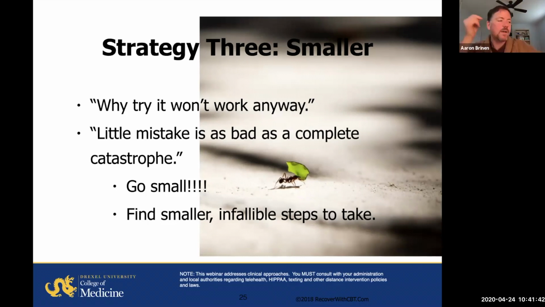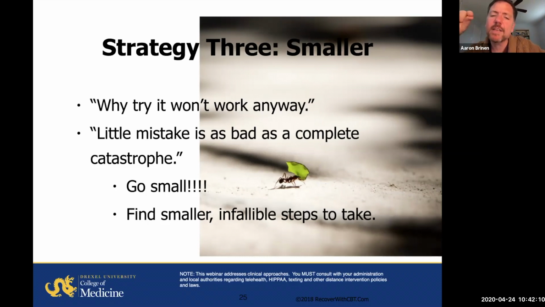So let's think about taking my kids hiking in the Smoky Mountains, right? So that they can see the beauty of those mountains. One of the things we can do is go really big, right? Start planning the trip, figuring out how much money I need to save. But for some individuals, that's going to seem really far away, too big of a step to do.